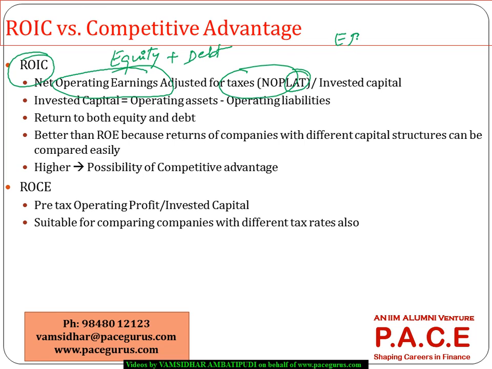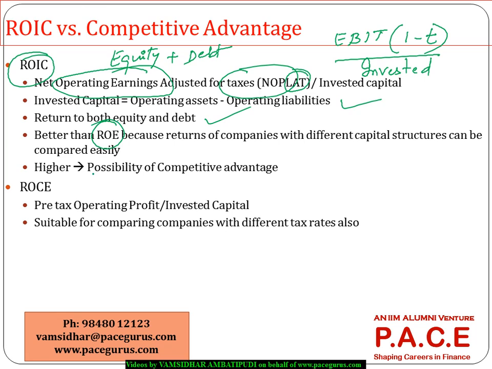Because the operating profit, let's say I am assuming EBIT is the operating profit, I generally adjust it for taxes and say this is the operating profit divided by the invested capital. The invested capital, I am looking at both the equity as well as the debt capital. In another way, we define invested capital as operating assets minus operating liabilities. So that is what is going as the invested capital, and it is a return to both the debt and equity.